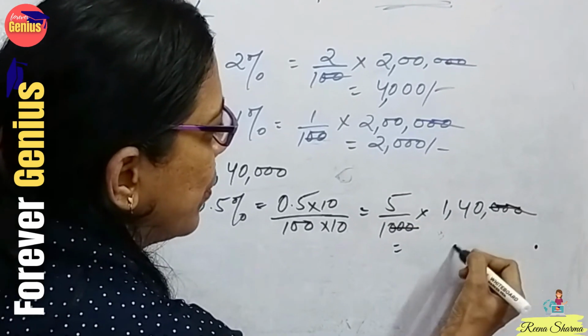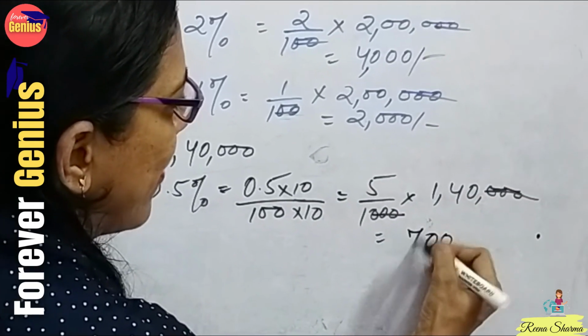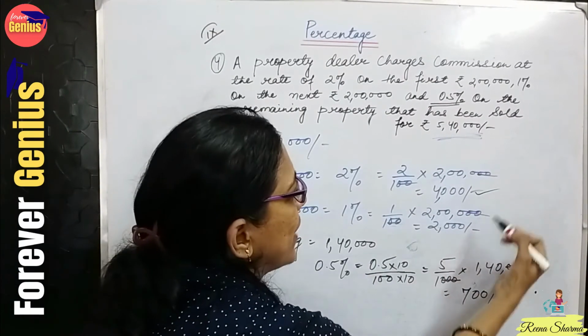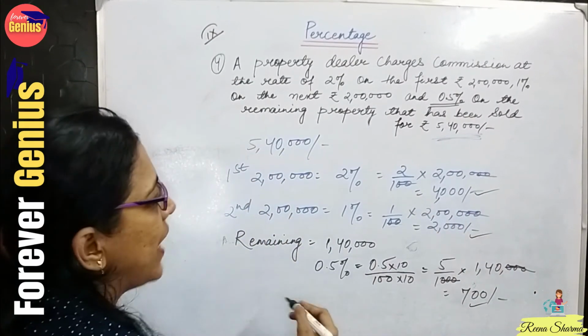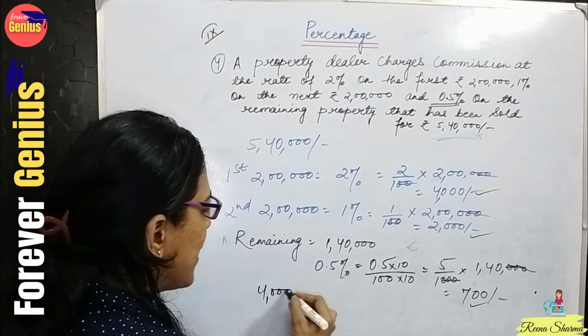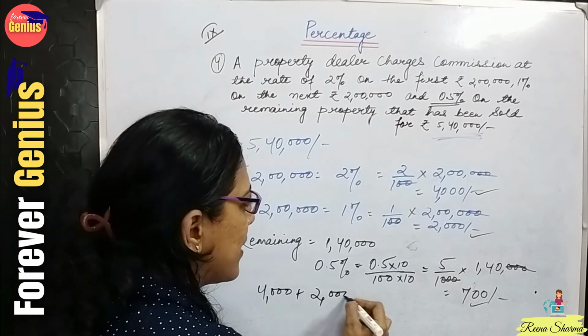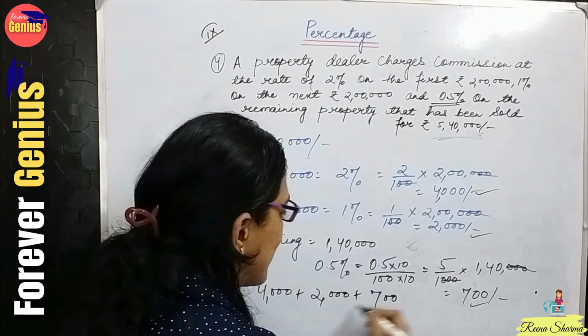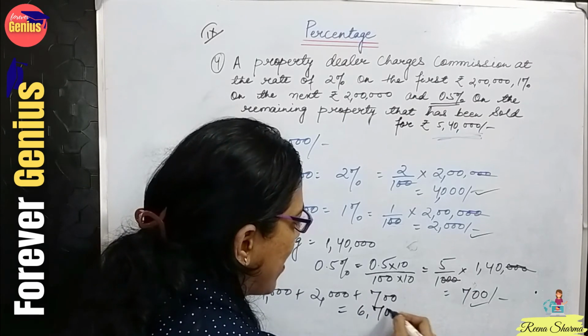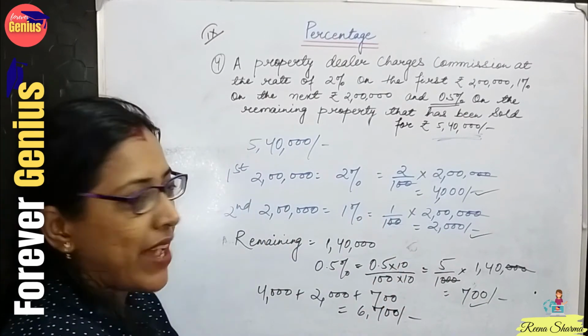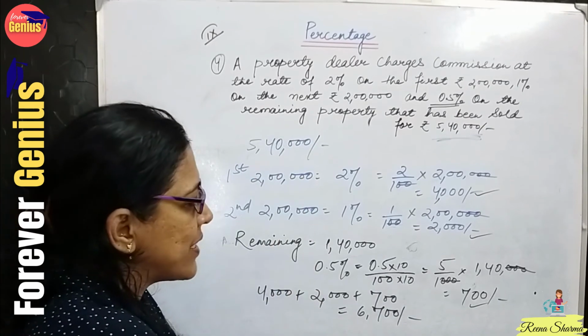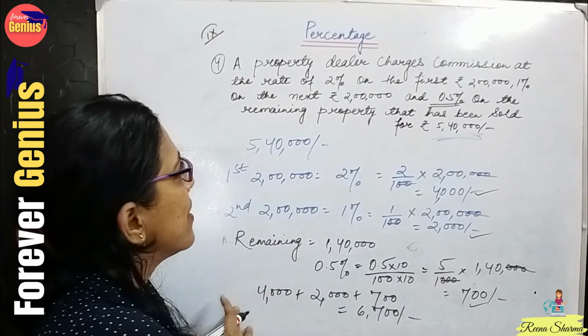This is coming to 700. So what would be the total commission of the property dealer? 4,000 plus 2,000 plus 700, that is coming to 6,700. So this is the way in which we are supposed to do these types of calculations.